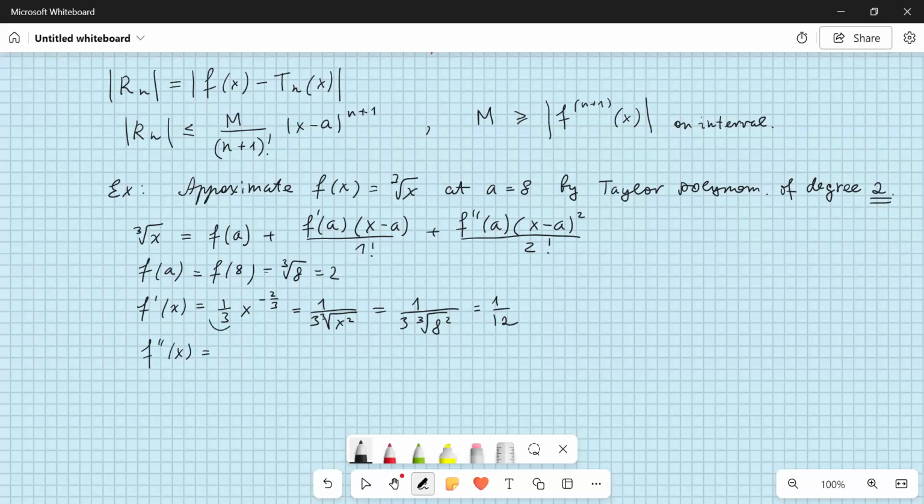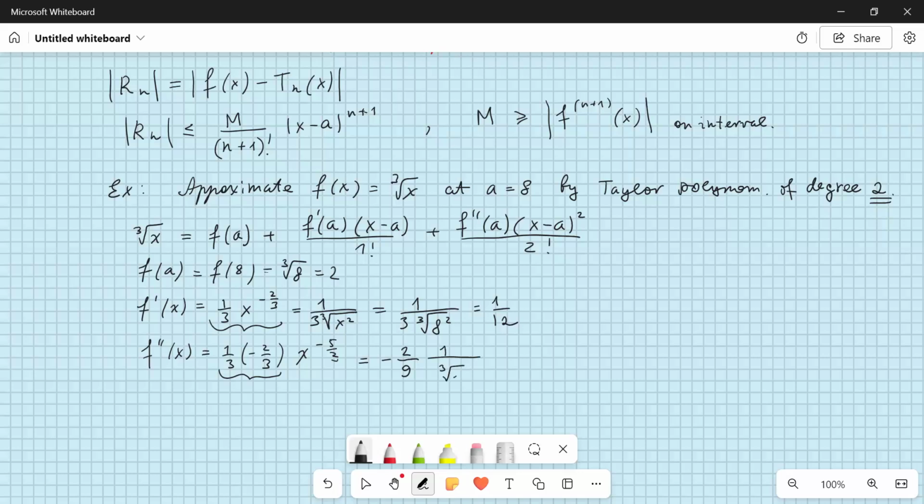We just have one more thing to calculate. I'll differentiate this one. It's 1 over 3 times negative 2 over 3, and x to the power of minus 1 gives me minus 5 over 3. Which is going to give me, let's say, 3 and 3 is 9. I'm going to make it a smaller fraction. I multiplied all the numbers here, and then we'll need to substitute 8 here, right?